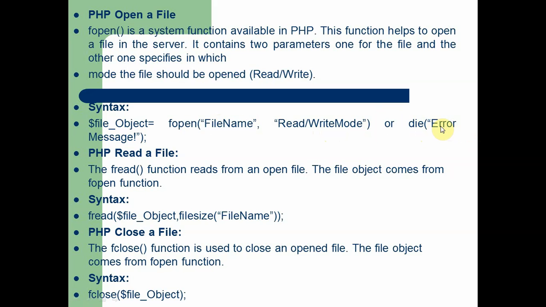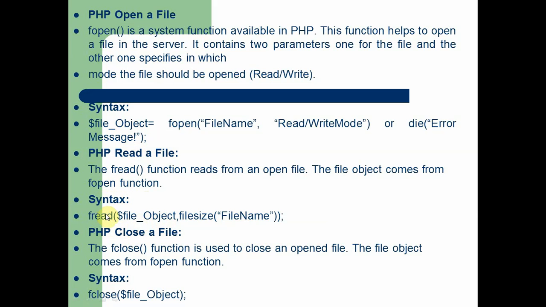After opening a file, we can read the file content by using the fread function. Here you can see file underscore object. This is the object where we store all the details of the file, like file name, file size, file type, and file location. All the details are stored in this object through the fopen function.